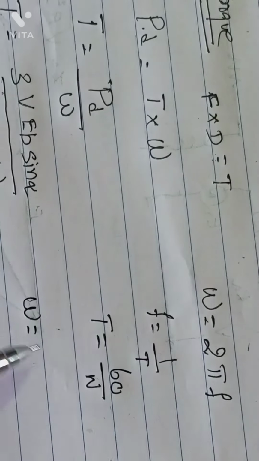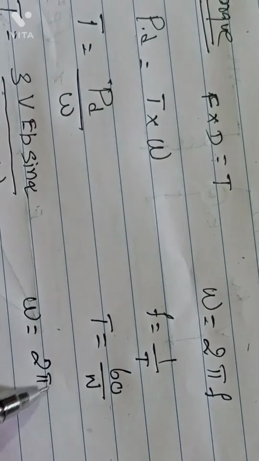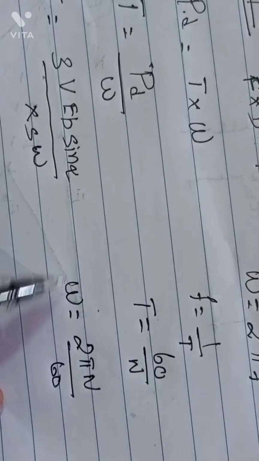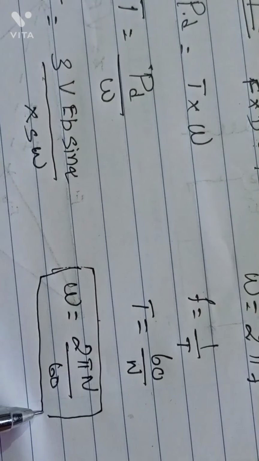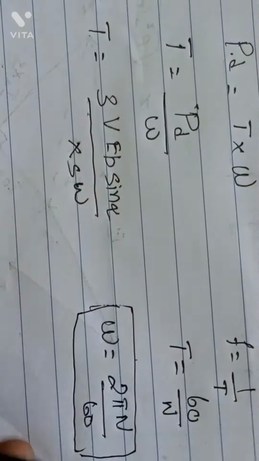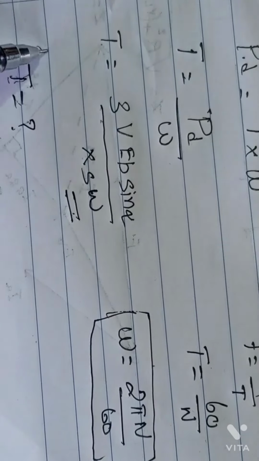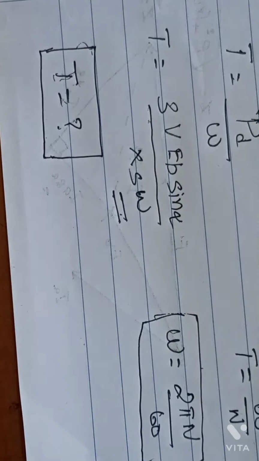Now your omega becomes, omega is equal to 2 pi N by 60. This is your omega value. Are you clear? Now you substitute this omega value here. You get a torque of a single phase synchronous motor.